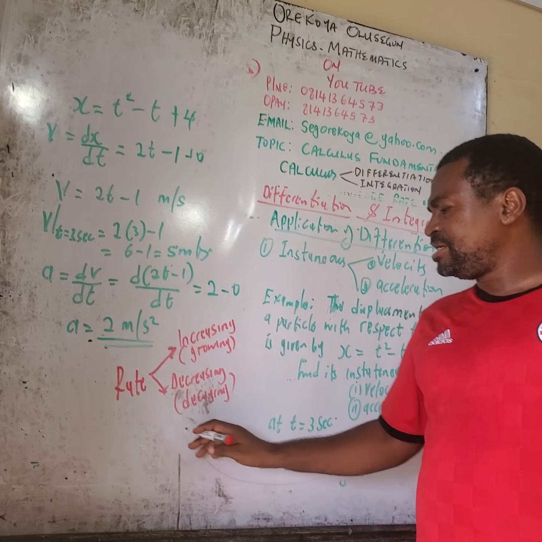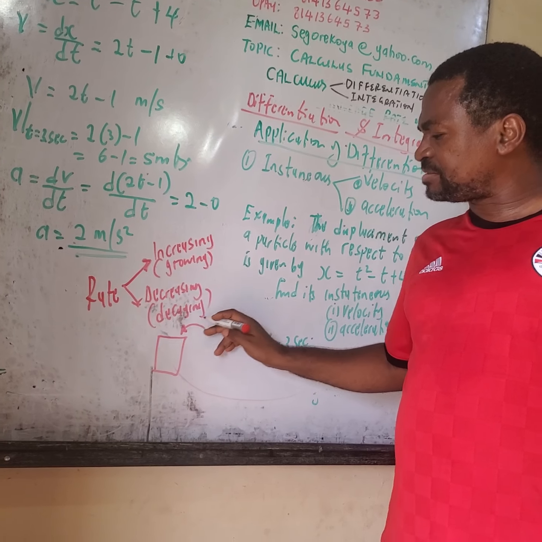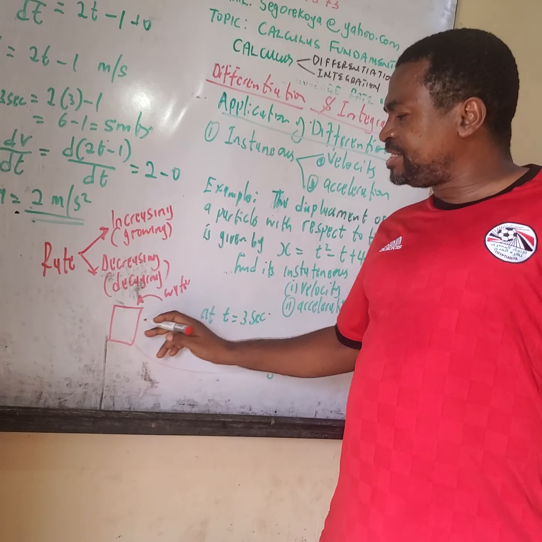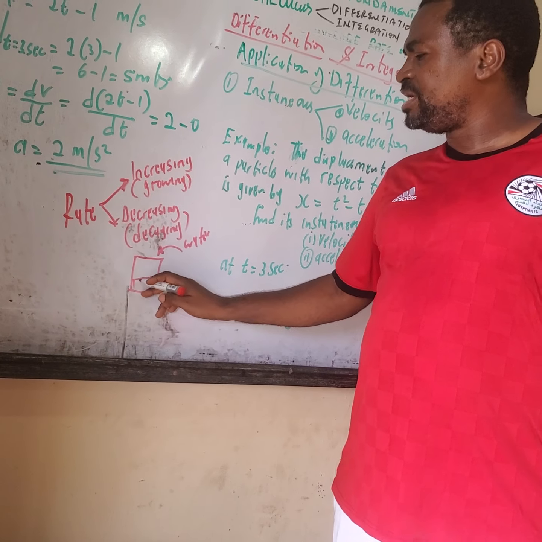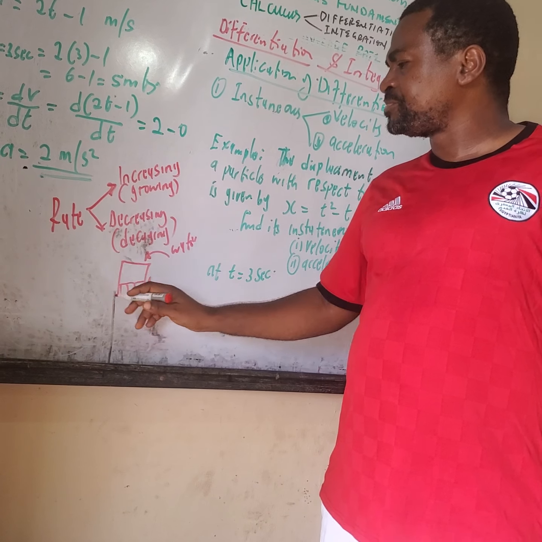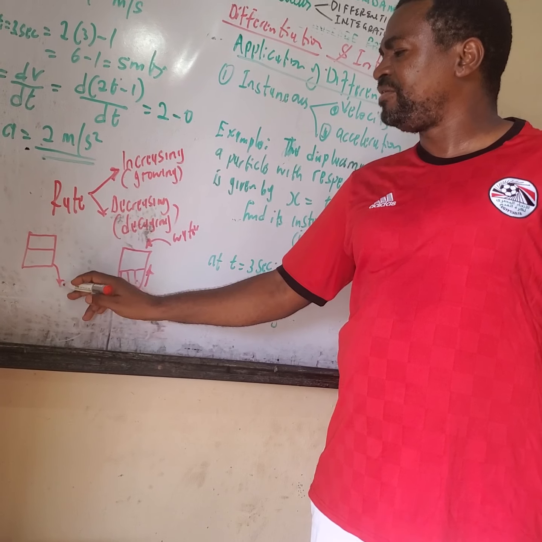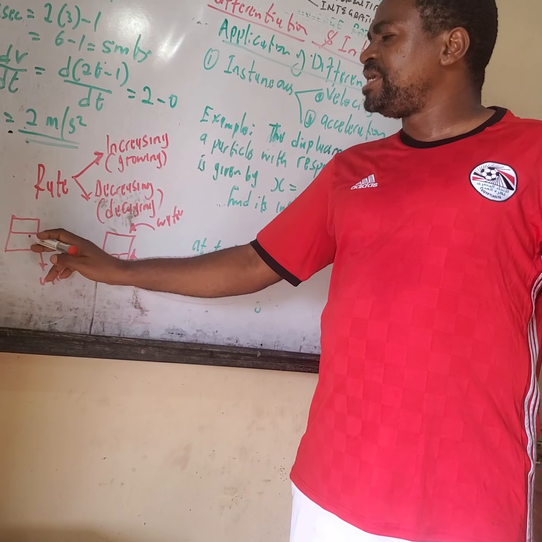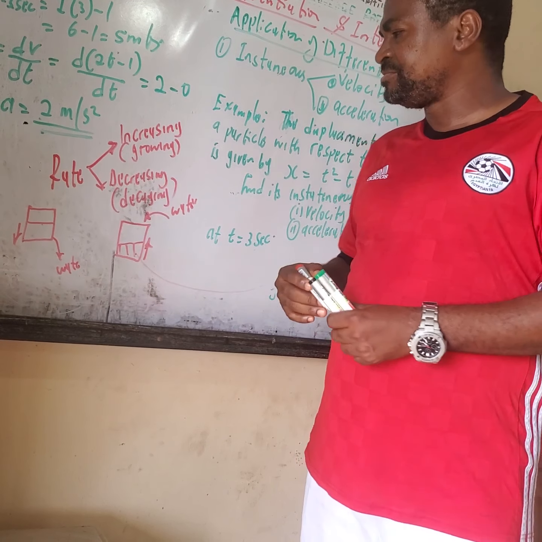Like for instance, if you are pouring water inside this container, the height of the water will be going up. So we have what is called an increasing rate of change. But if you are fetching water from the tank here, the height of this water will be going down. That is decreasing or decaying.